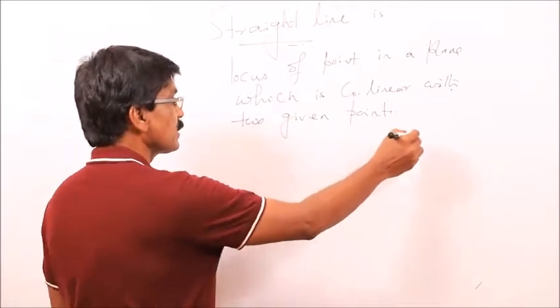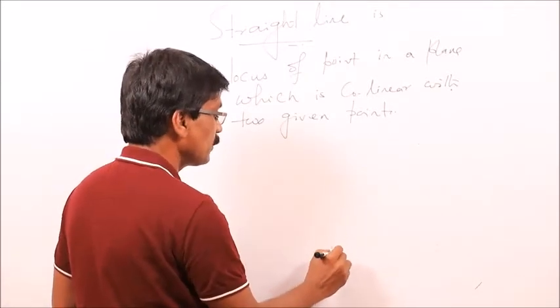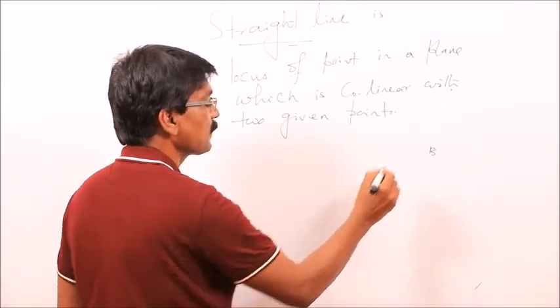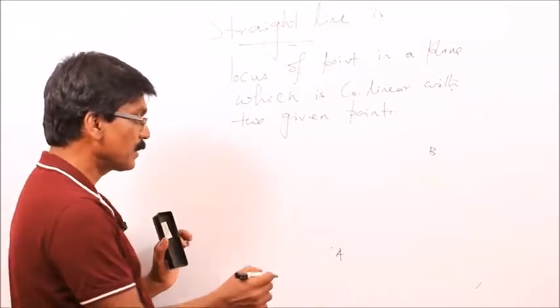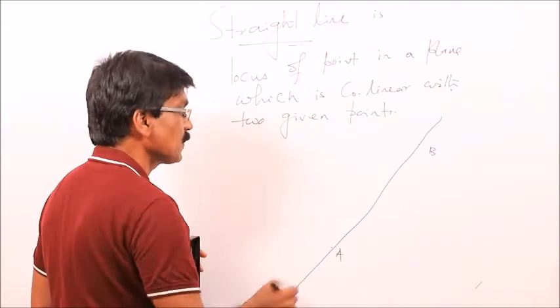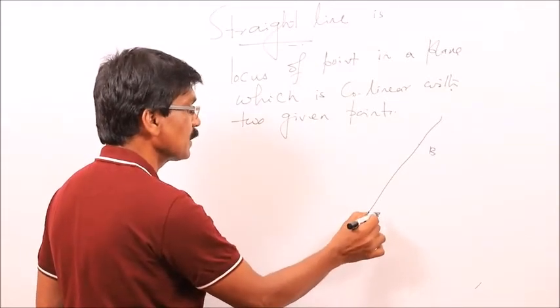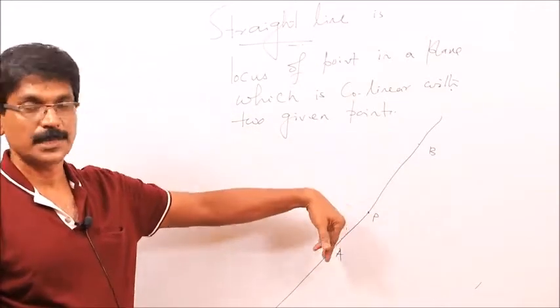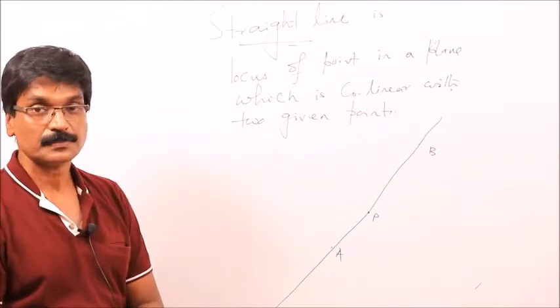We can draw a straight line if we have two given points A and B. A straight line can be drawn by joining these two points. The moving point is P, which is collinear with A and B.